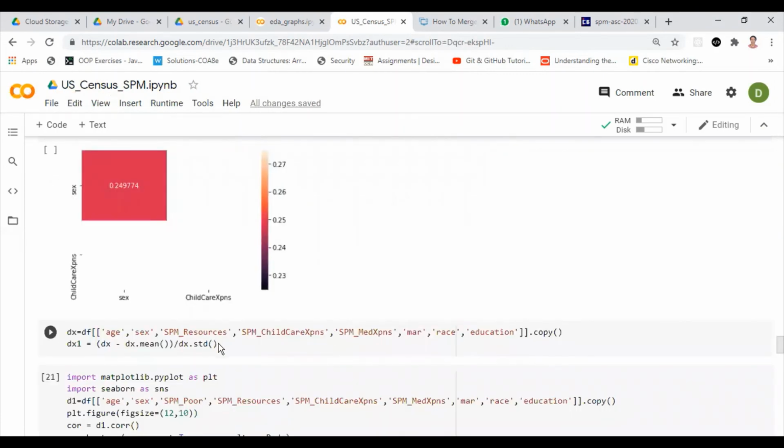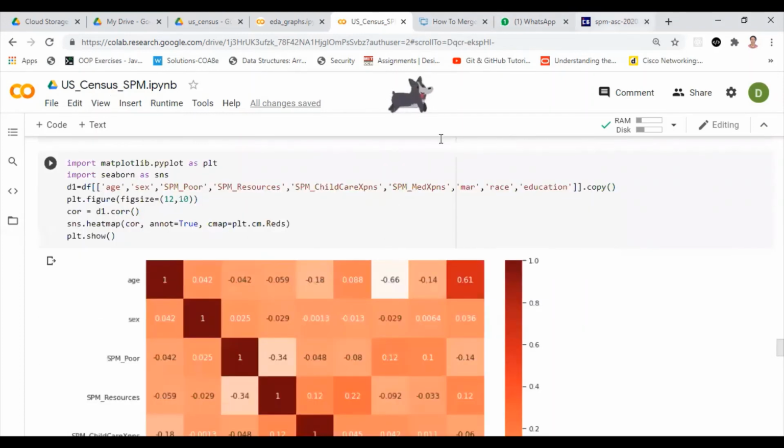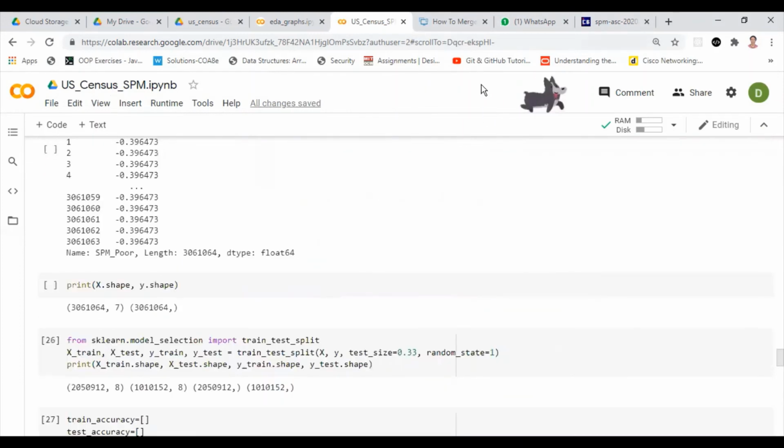And on this dataset, Z scaling was applied to normalize the data, for performing feature scaling. Later, the dataset was divided into train and test set.